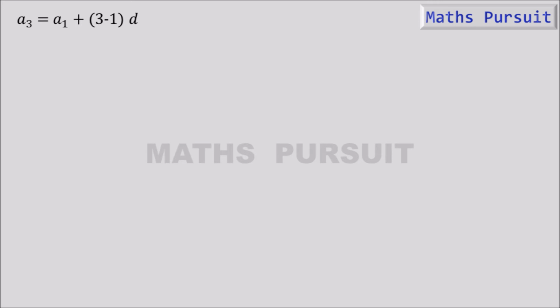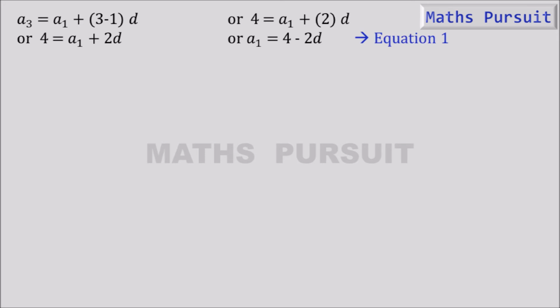After solving this equation, we are getting 4 is equal to A1 plus 2D. Here 4 is A3, that is already given, A1 we don't know, we are going to find out, and 3 minus 1 gives us 2D. Or 4 is equal to A1 plus 2D, or A1 is equal to 4 minus 2D. Let's name this one as equation 1.